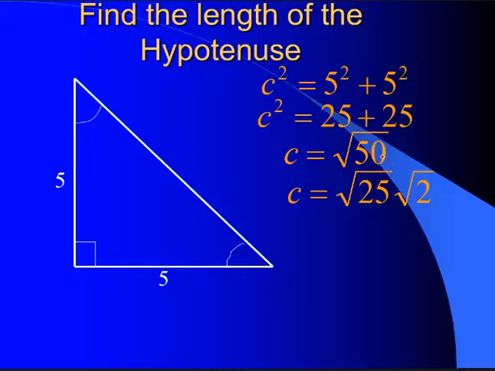Remember, I can write 50 as my perfect square 25 times 2. What is the square root of 25? It's 5. Still have my square root 2. So my hypotenuse is 5 square root 2. So I could go through all of this, but all this is doing is proving the pattern that we've already stated. Whatever the side length is, I'm just going to put a square root 2 after it, and that is my hypotenuse length.